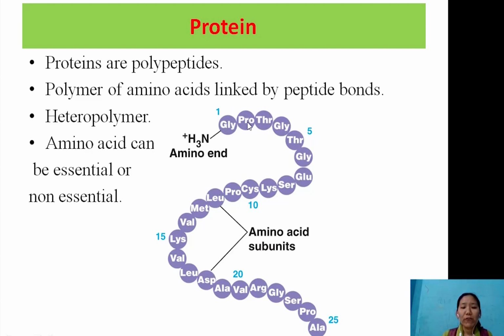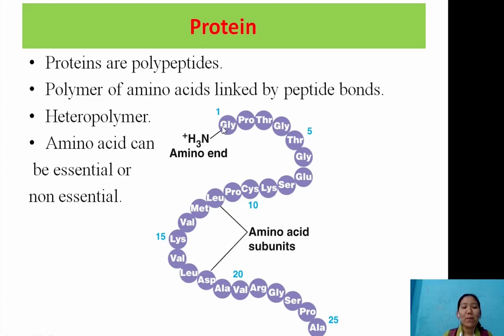So the polymer of these amino acids forms a protein, and in this polymer the bond is the peptide bond. And each unit here is different. They are not completely the same, so it's called a heteropolymer.